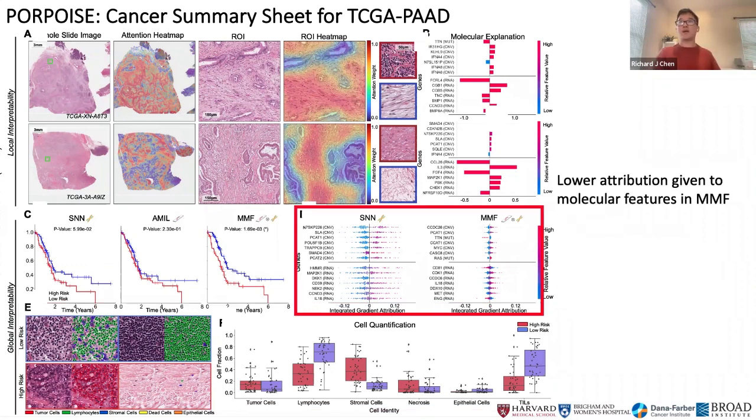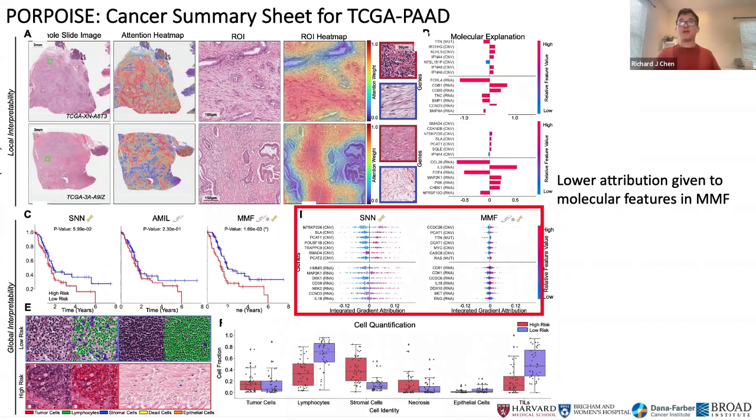And then this looks at how the interpretability doesn't only shift on the histology side, but also on the genomic side. Going from genomics only to multimodal fusion, we see lower attribution given to molecular features.